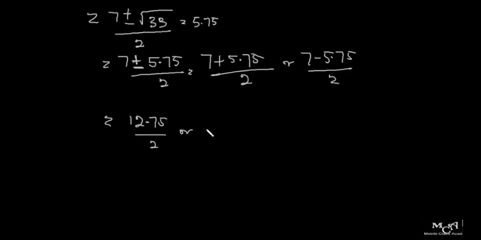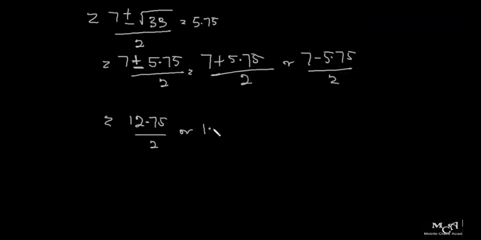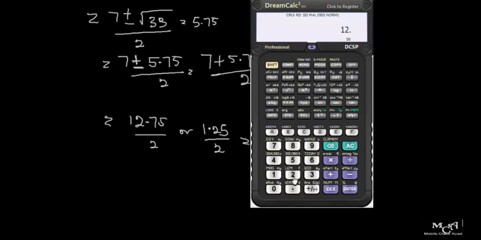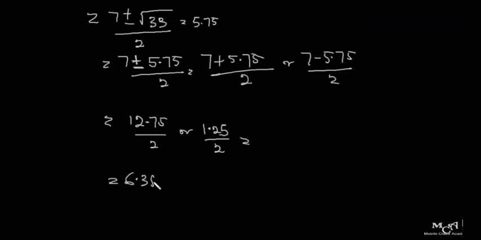5.75, that should give us, let's use our calculator, 1.25 all over 2. So 12.75 divided by 2, what will that give us? 6.38.